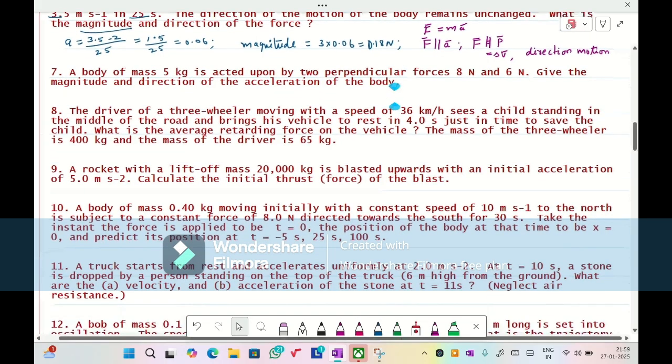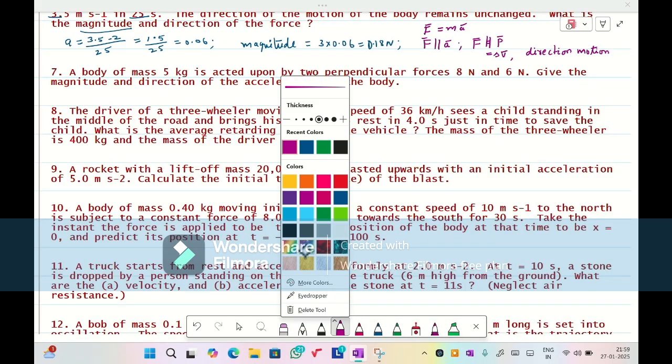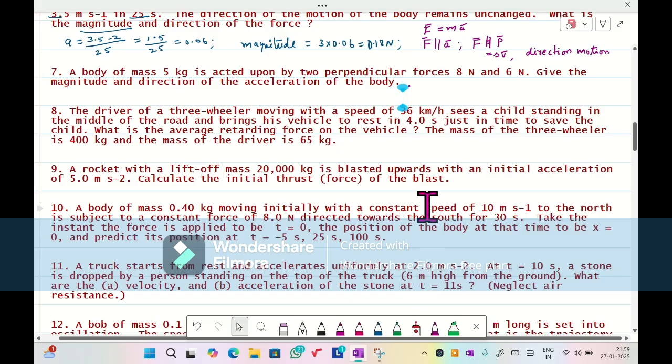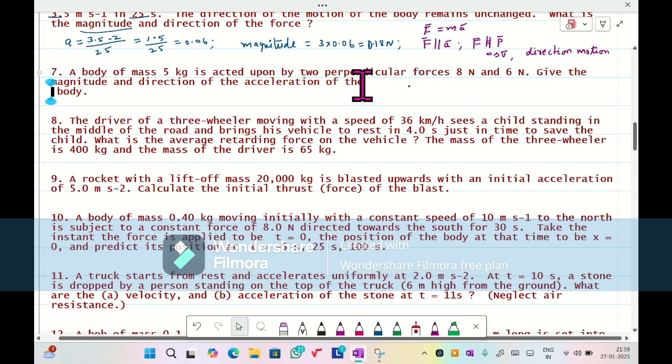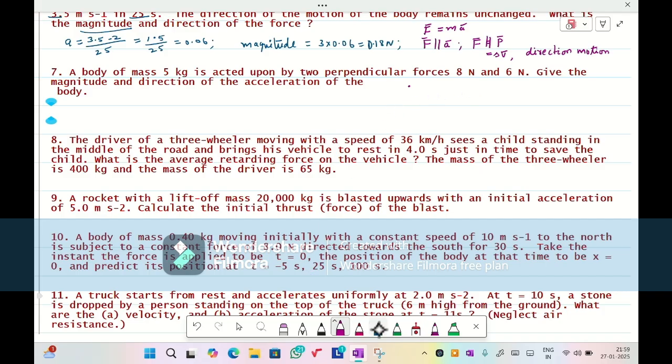Now the seventh one. A body of mass 5 kg is acted upon by two perpendicular forces, 8 newtons and 6 newtons.